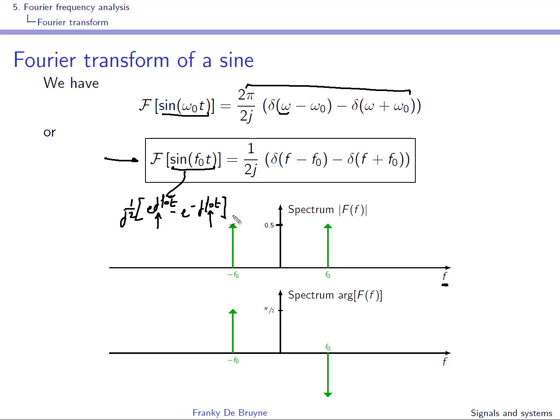Okay, and the only difference with a cosine lies in the phase. Indeed, what you see here in the phase spectrum is that this phasor is lagging by 90 degrees, and this phasor here is leading by 90 degrees if you compare it to the cosine.